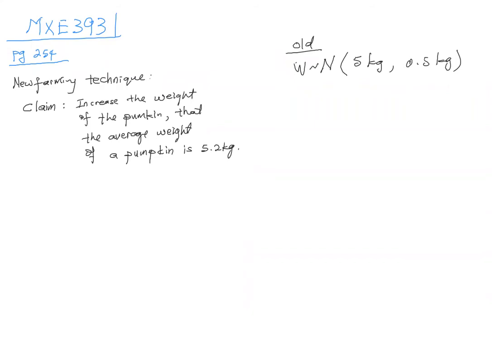Now he used a new farming technique, and he made this claim: the new technique increased the weight of the pumpkins, so the average weight of the pumpkin is 5.2 kg. In this claim, I have to recognize the parameter.